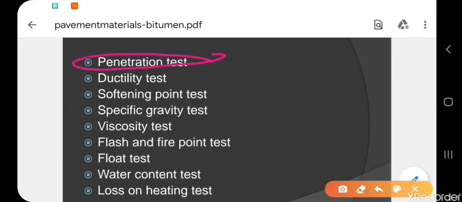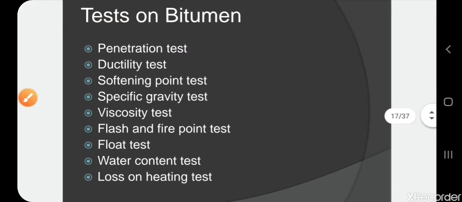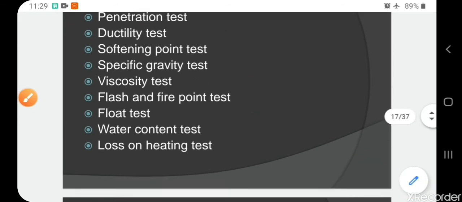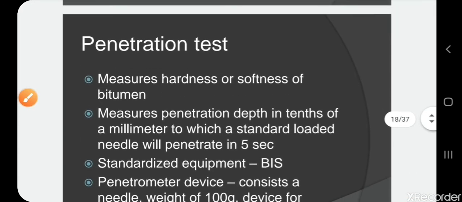First is the penetration test, then ductility test, softening point, specific gravity test, viscosity test, flash and fire test, float test, water content test, and loss on heating test. In the laboratory in the previous semester, we have already learned the penetration test, ductility test, softening point test, specific gravity, viscosity, flash and fire. So just once again you can go through the experiments, the results as well as the procedure. Briefly I will go through them one by one.